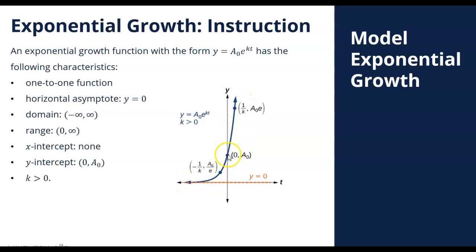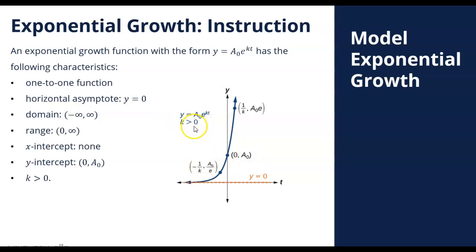The y-intercept is the point (0, a sub 0), or this point here is the initial condition. This a sub 0 here is the value of y when t is equal to 0, and we call that value a sub 0.